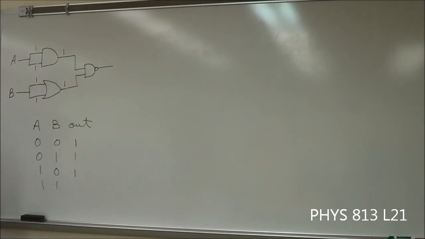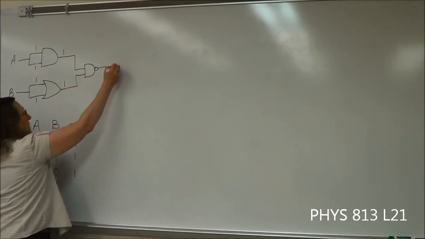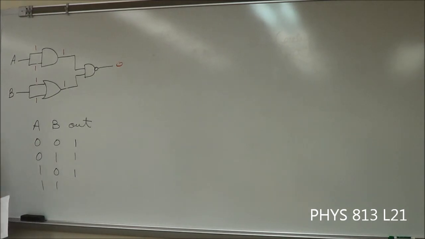And then our NAND with 1 and 1 gives us 0. So we have a 0 over here. Okay? So that's basically how you do all of these things.